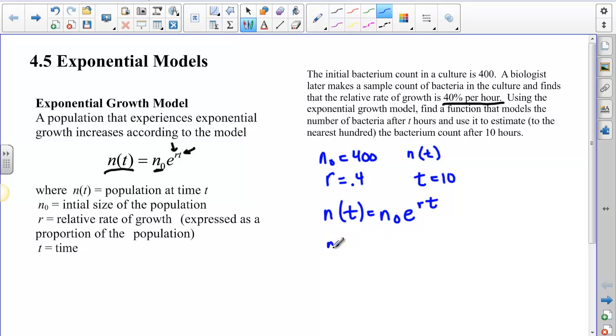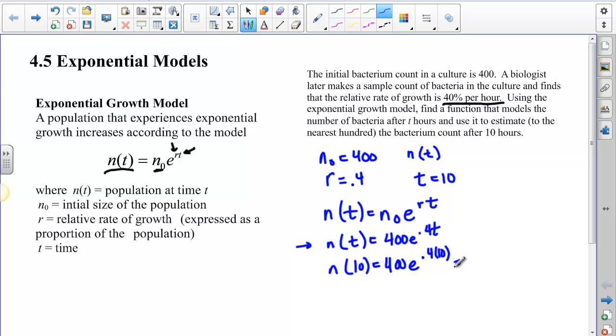And in our case, we want to find N of t with an initial value of 400 and a rate of 0.4 and varying amounts of time. So there's our model. That's the first part. Second part is what's the population after 10 hours? Well, that just means we're going to plug in 10 for t, and that gives us 400 e to the 0.4 times 10.